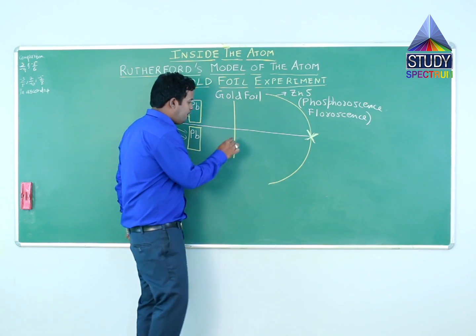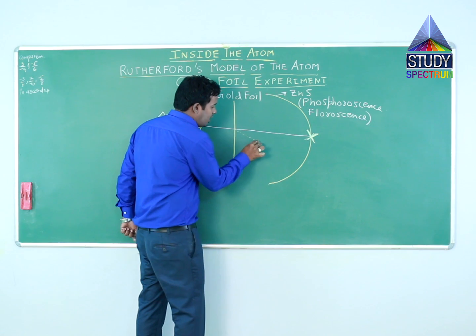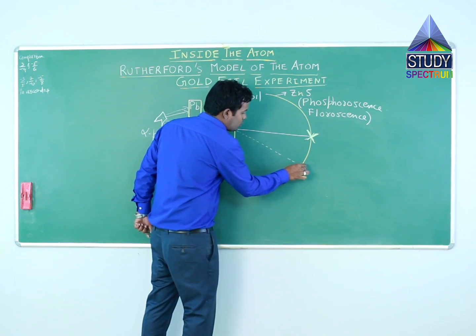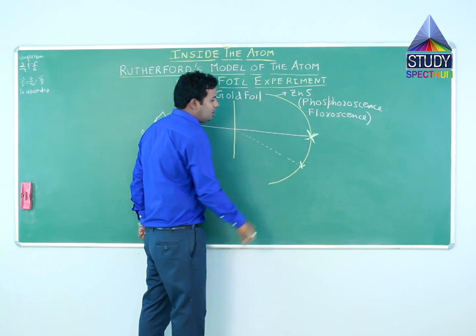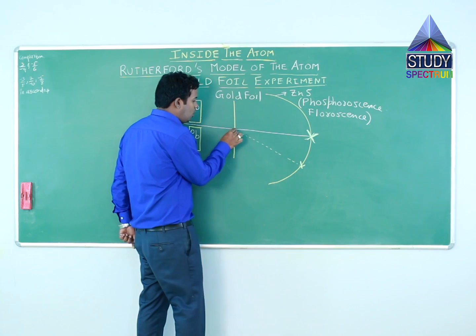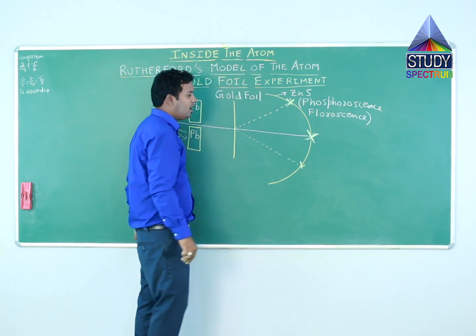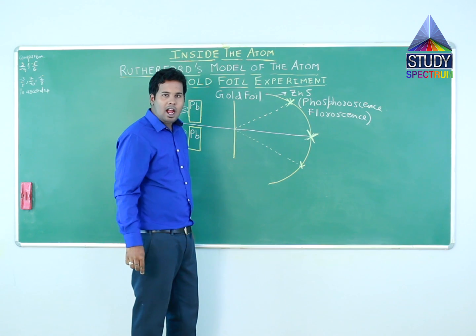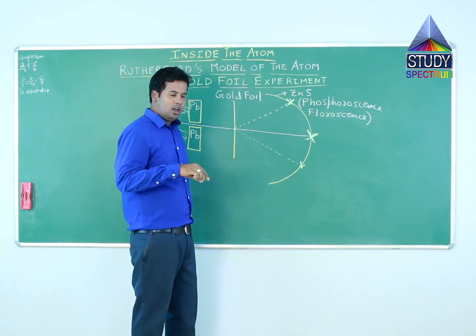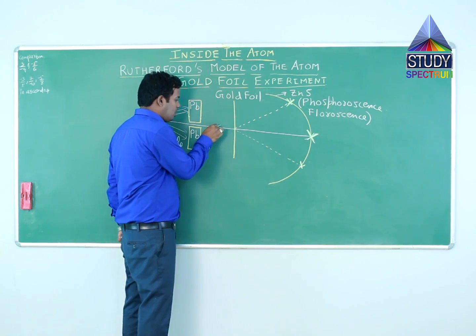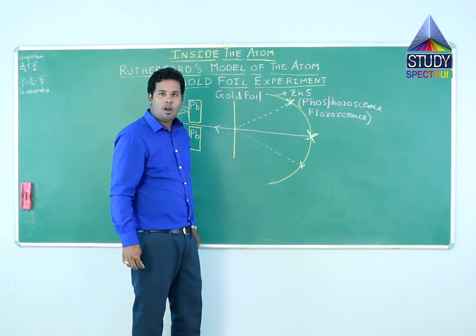Very few were deviated through small angles, and scintillations were shown either below or above this central line, and very few bounced back from this gold foil.